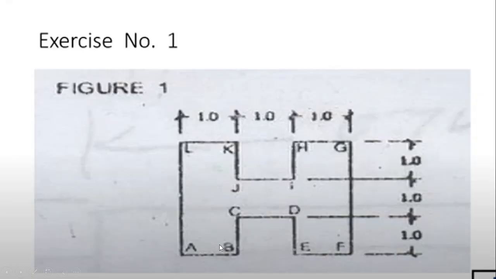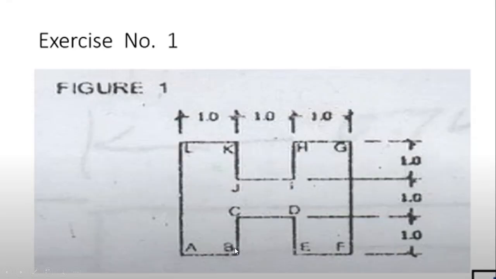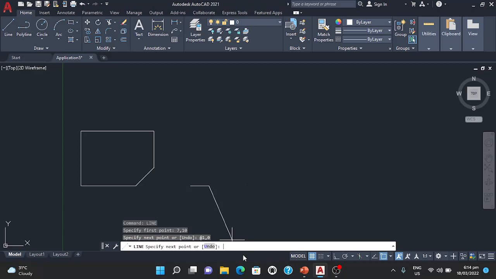So let's try. From point A to point B, we have here a horizontal distance of 1. Then there is no change in y. If this is going to the right, we must declare at 1 comma 0. Now, the distance between point B and point C is the same also, 1, and it is going upward, so the value of change in y would be positive, but the change of x would be retained at 0.